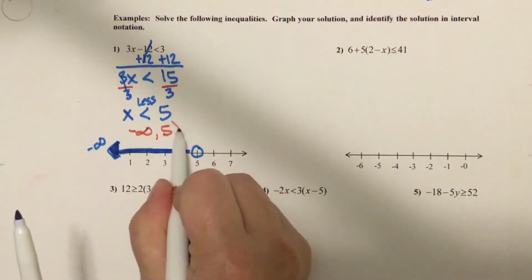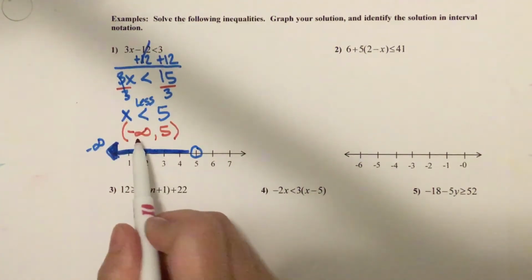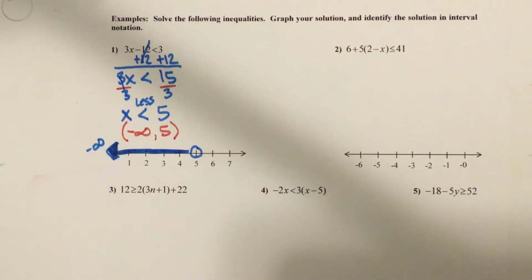Open circles are always parentheses, and infinities are always parentheses, because you cannot equal infinity. And that's my answer, and I'm done. So just basically solving an equation. I didn't even do anything fancy here. And practicing the interval notation and the graphing, that's like the lesson before.